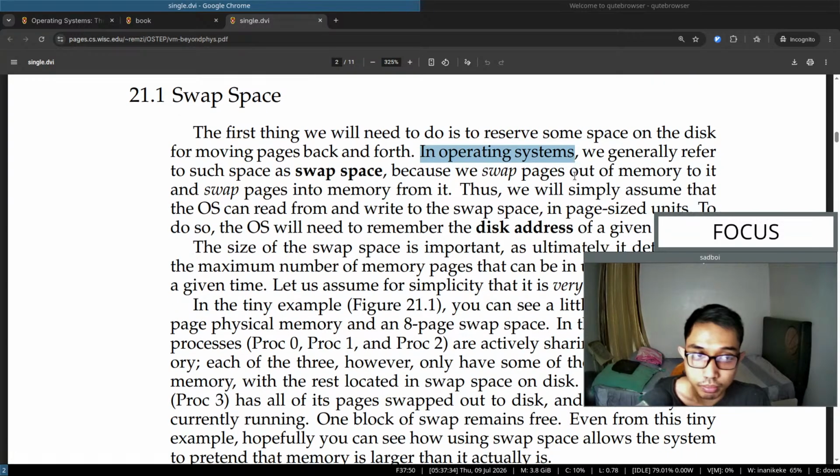In operating systems, we generally refer to such space as swap space because we swap pages out of memory to it and swap pages into memory from it. Moving pages back and forth.